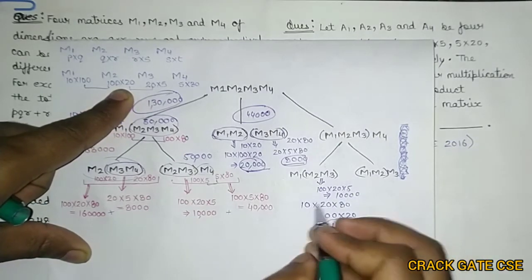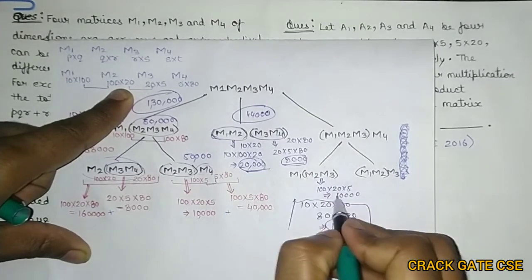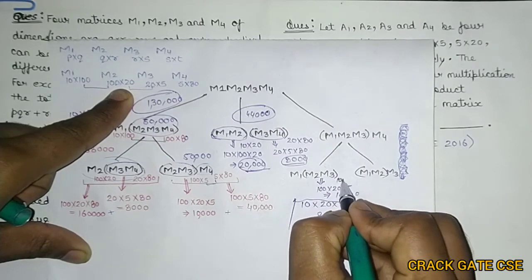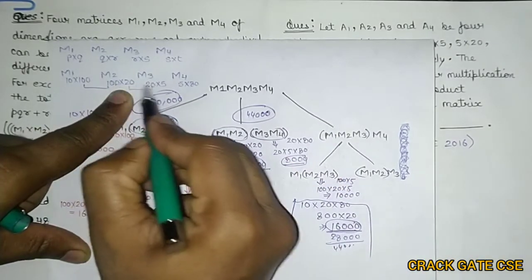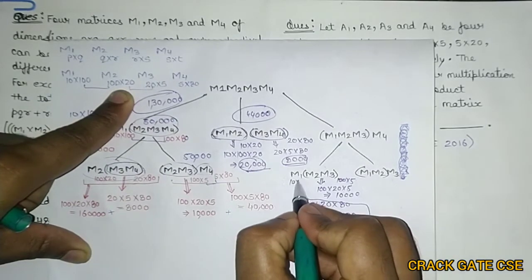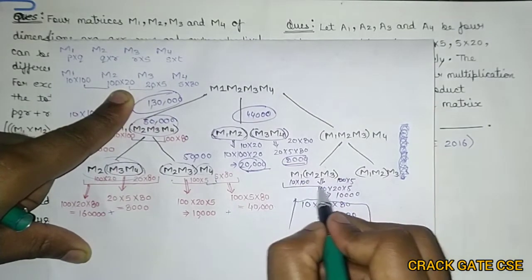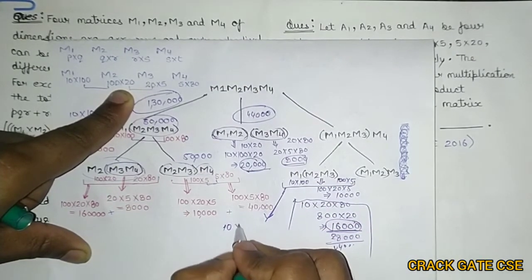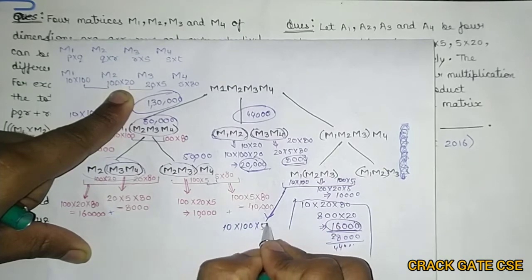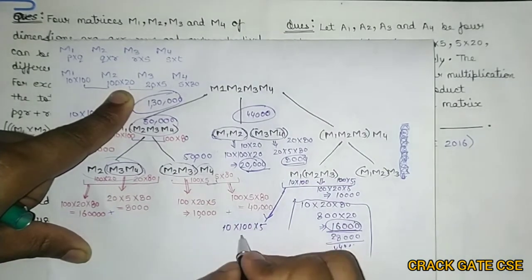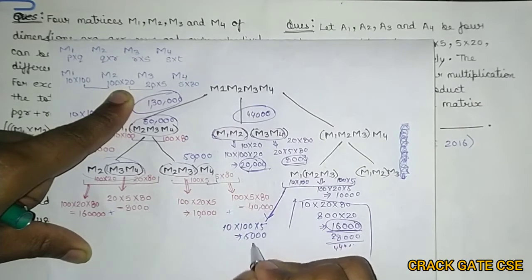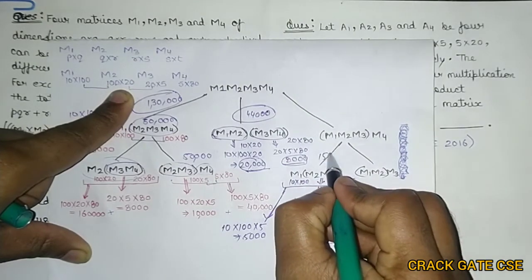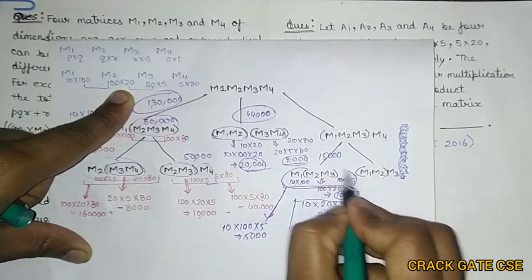Now m2, m3 dimensions are 100 into 5. See, 100 into 5. m1 dimensions are 10 into 100. So I have to combinedly multiply them. If I do that, it will be 10 into 100 into 5. What will it be? It will be 5,000. So 5,000 with this 10,000, it will be 15,000 for this part.